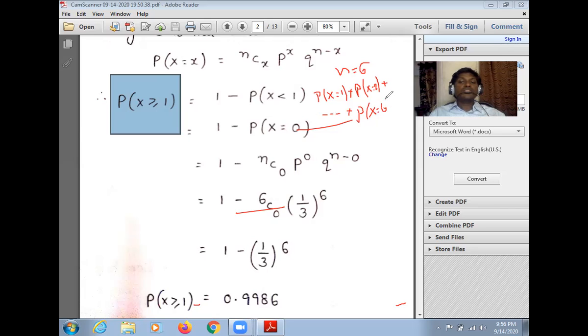Up to this we can write, and each and every term we can calculate by using the same P of capital X is equal to small x, nCx p power x q power n minus x.